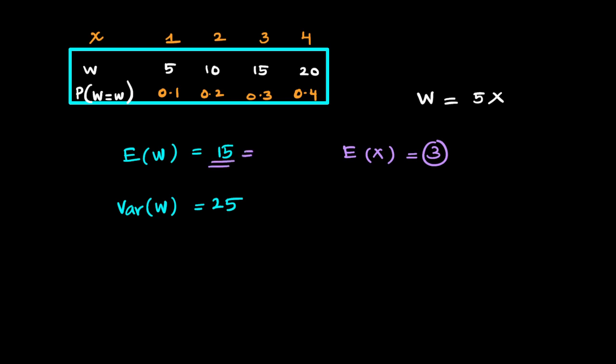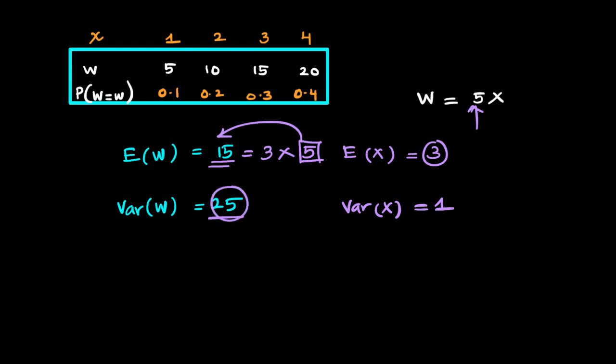In other words, 3 times a factor of 5 is making it 15. What about the variance? Variance of x was 1, but the multiplication factor is 5, and the variance increased 25 times. So therefore, I can say 5 square times 1 is giving me 25.